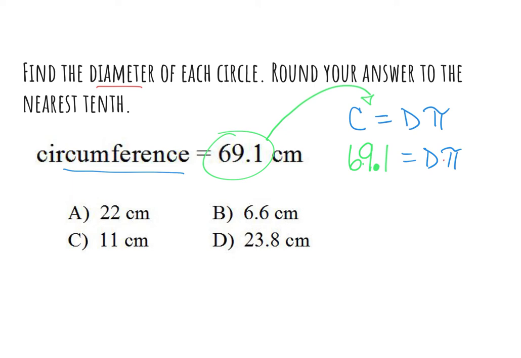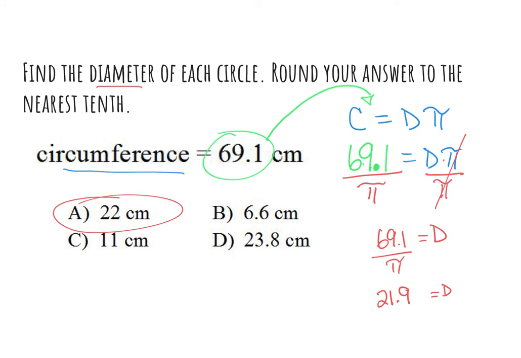So pi needs to go away because we're multiplying. The inverse would be to divide. And what you do on one side, you do on the other. So I am left with 69.1 over pi. At that point, I would go to my calculator. So divided by pi. I would get 21.9. And if I were to round to the nearest tenth, I would get A.